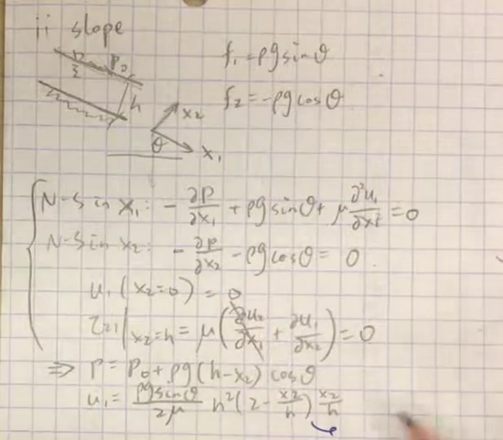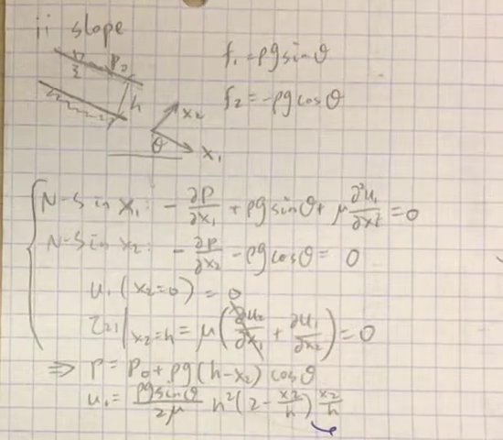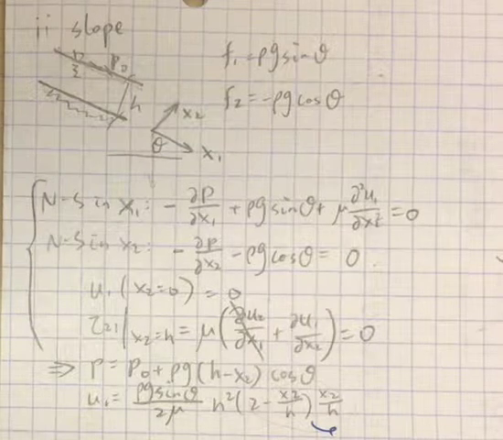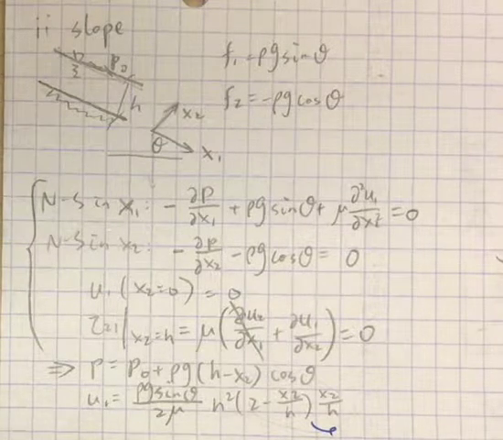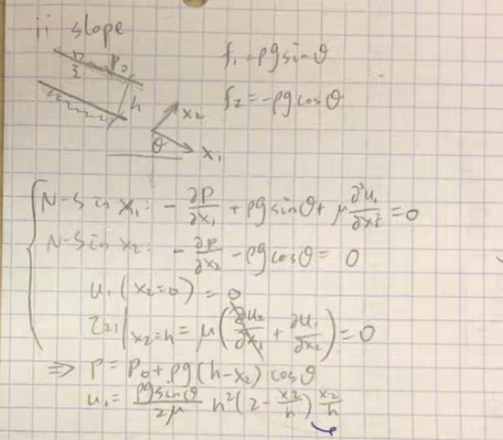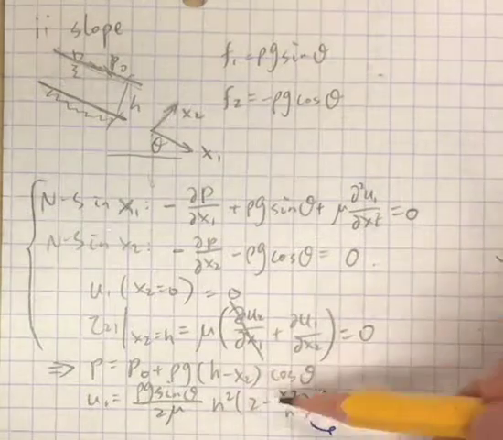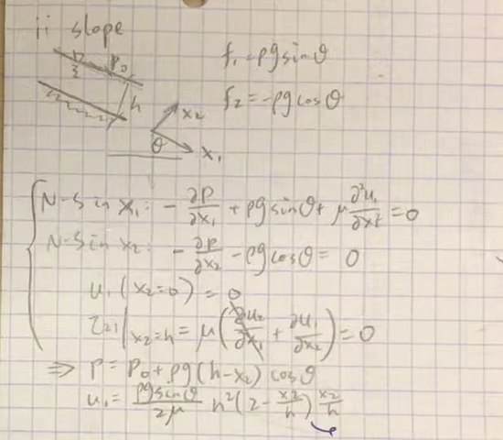We can see the u1 here has a parabola profile, right? And when is the velocity the highest? It's at x2 equals h. You can check that.